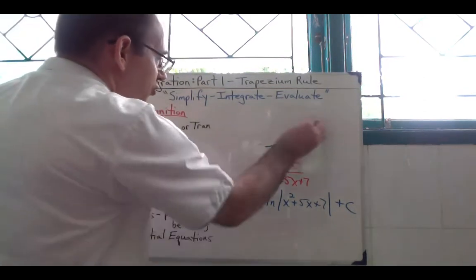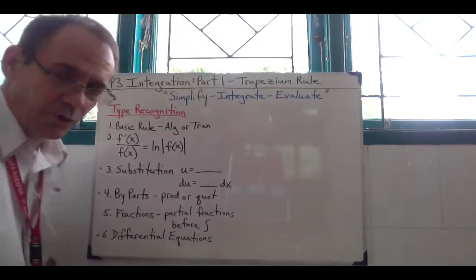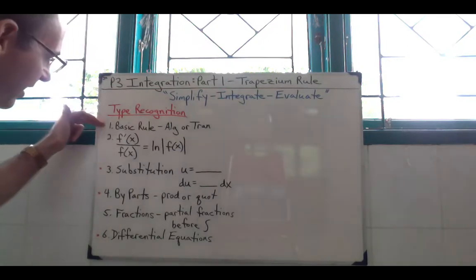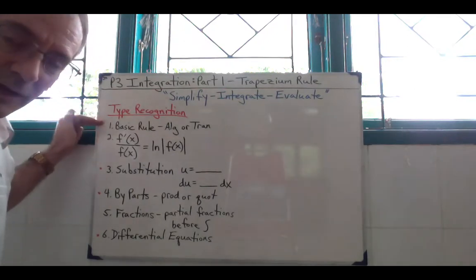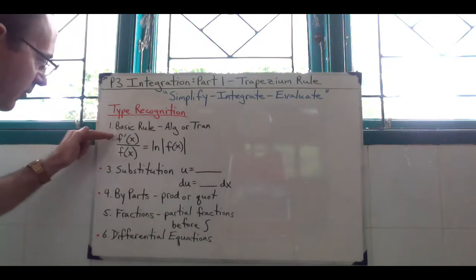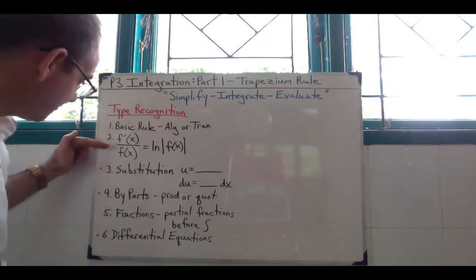So that's number 2. The third one, these aren't in any particular order. You could really write them in whichever order you want. But I guess the basic rule is the one that you want to start with. And then if it's a fraction, then look for the top being the derivative of the bottom.